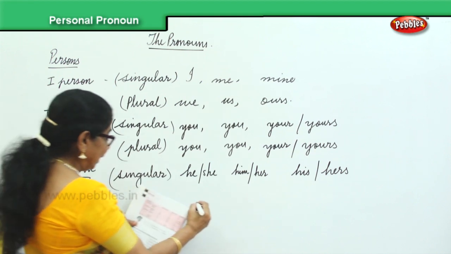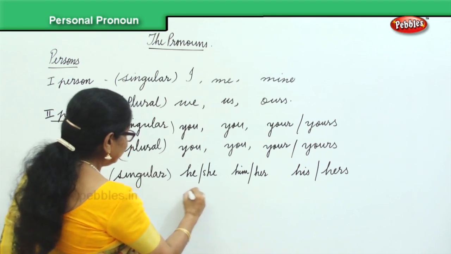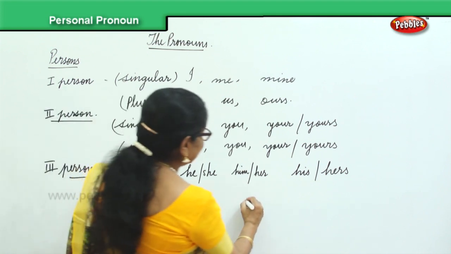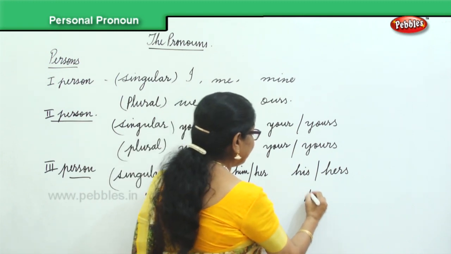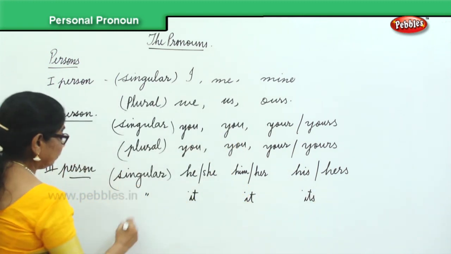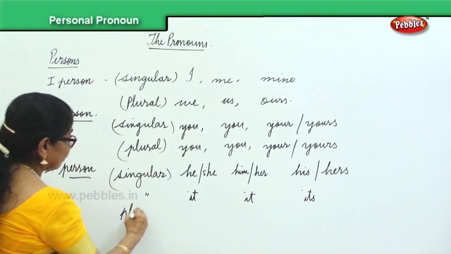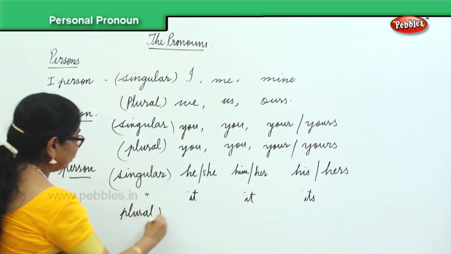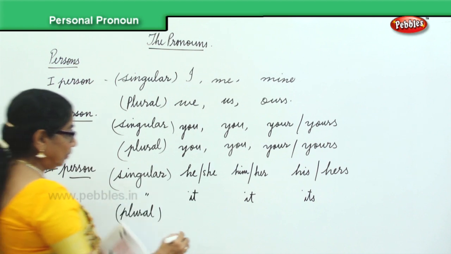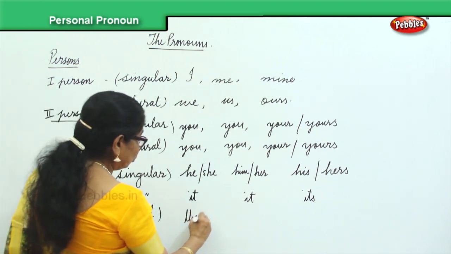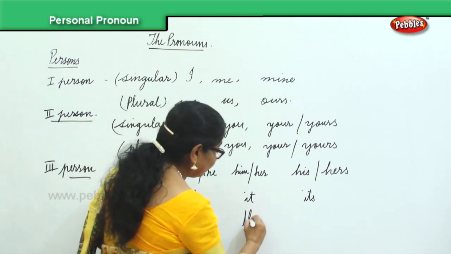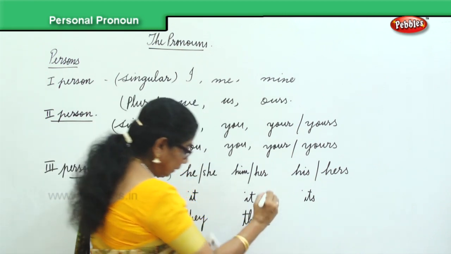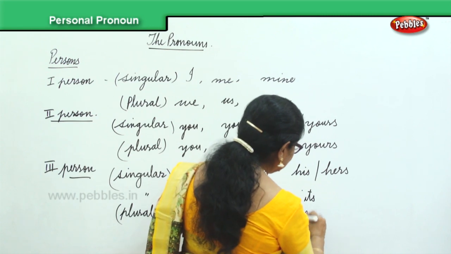You will also say it for the singular, and again for it, you will say its. When you say plural, in the plural form, you will say they, because there's more than one; they, them, theirs.